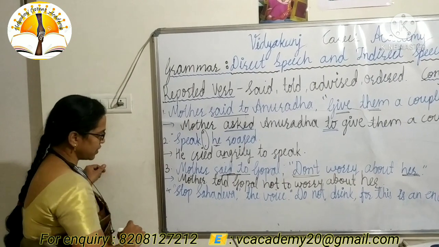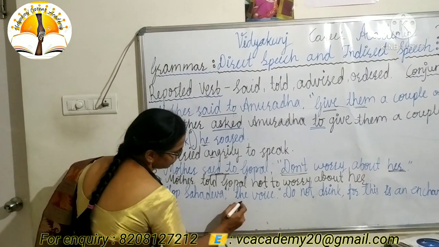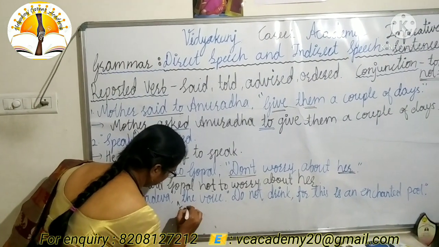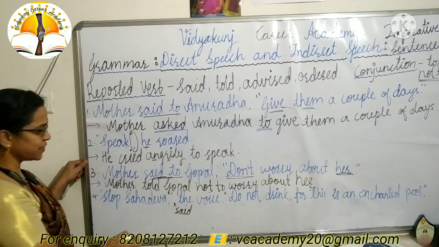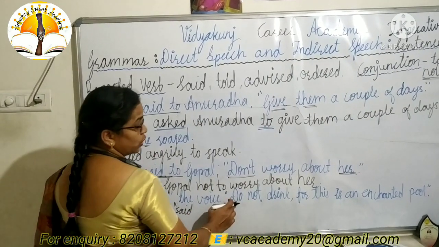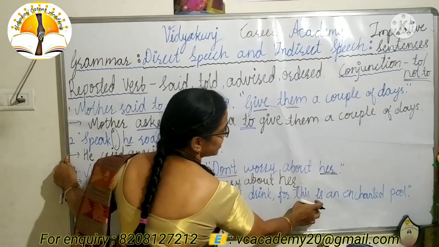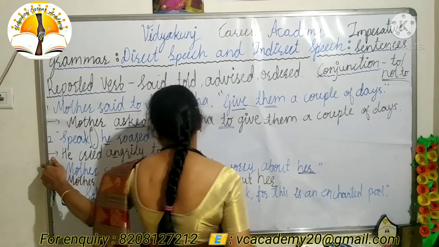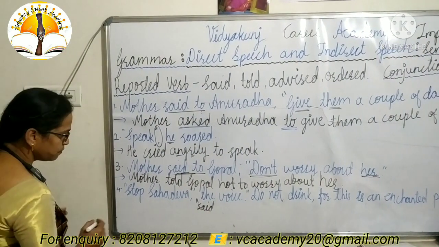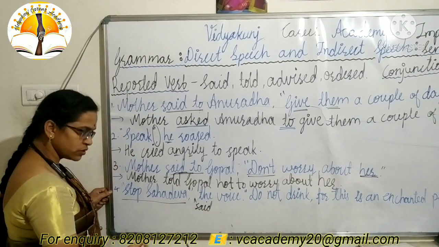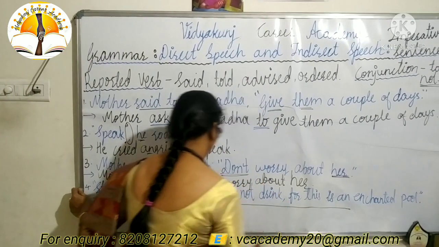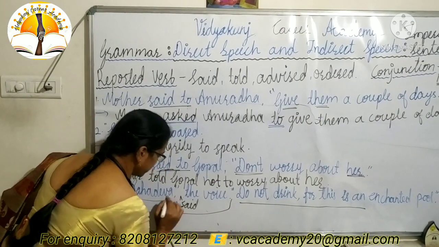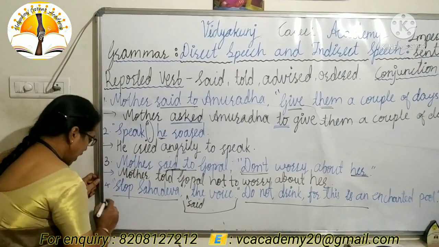Now the fourth sentence. Stop Sahadeva. I forgot to write said. Stop Sahadeva, said the voice. Do not drink, for this is an enchanted pool. Now look here. This is also reported speech, and this is also reported speech. It means both sides have been given reported speech. Here is the reported verb. Now I will start to write.